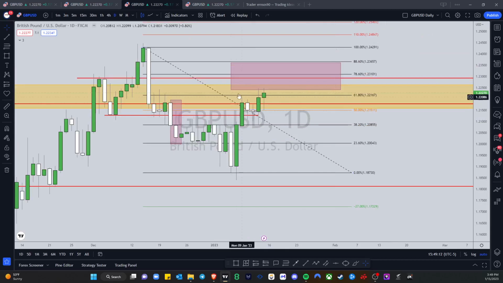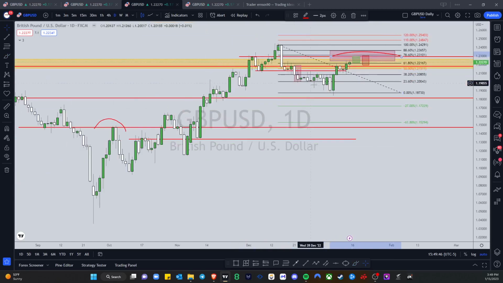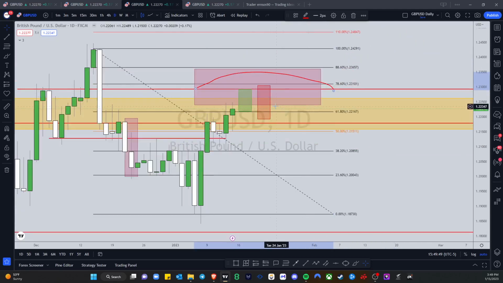At the 78.6%. If it does, we'll need about two candles to close right here for us to even think about looking for sells. You need two candles like this, which will make a lower high. If that does happen, that just means more sellers actually entered the market.